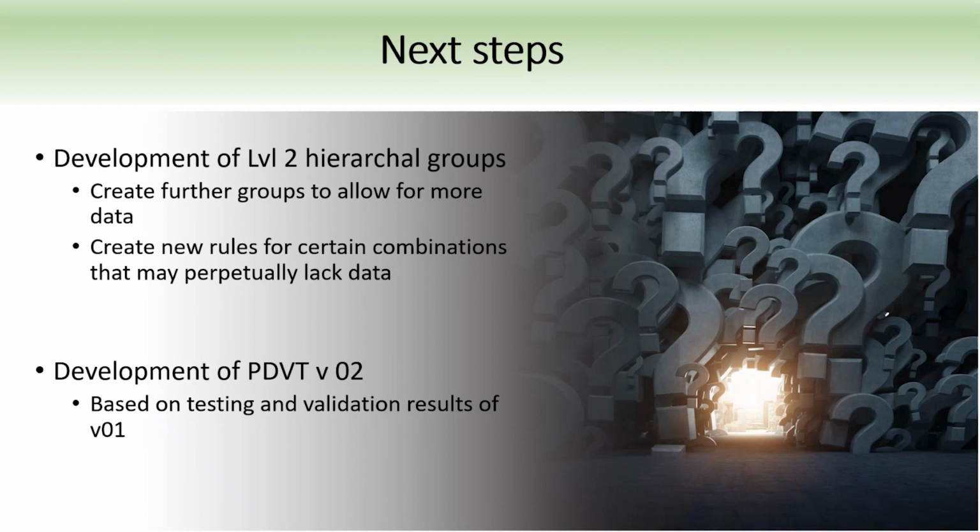Next step, level 2 hierarchical groups. Some of them insist on being difficult, so we need more groups, and also to update some rules for certain combinations that are going to perpetually lack data. So if we're trying to model a disturbance type in a vegetation type where that disturbance really doesn't happen very often, we're going to have to create rules to say we're not going to model that disturbance type here.